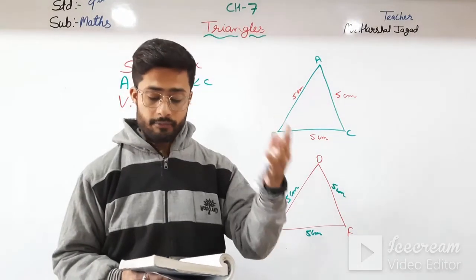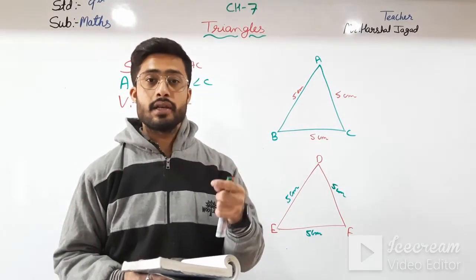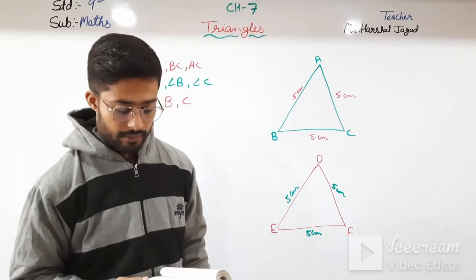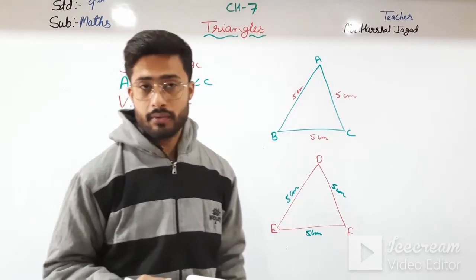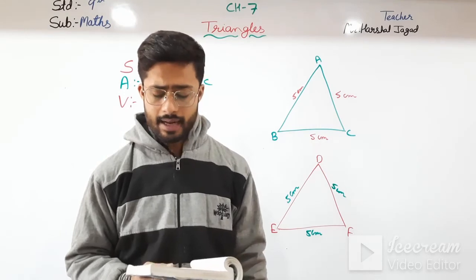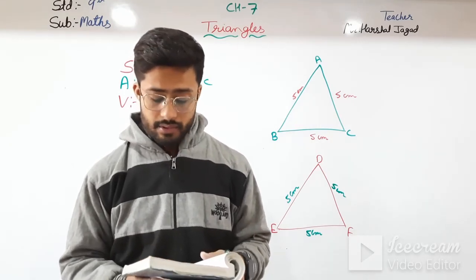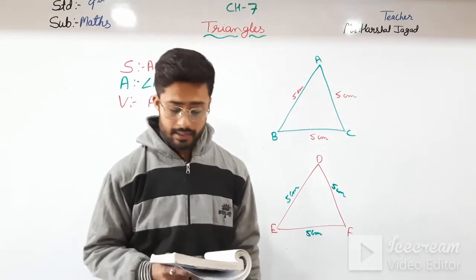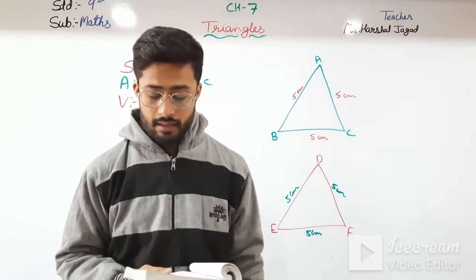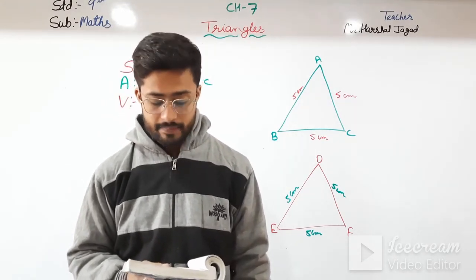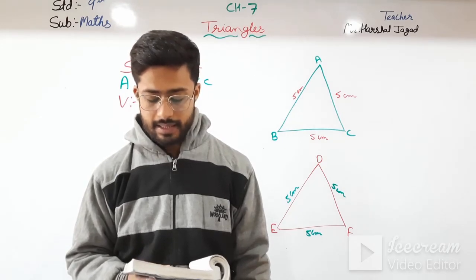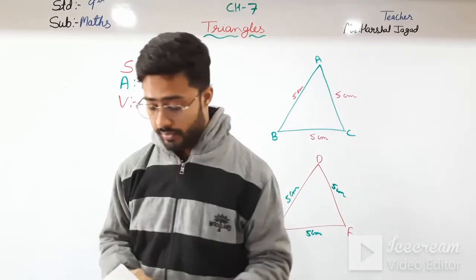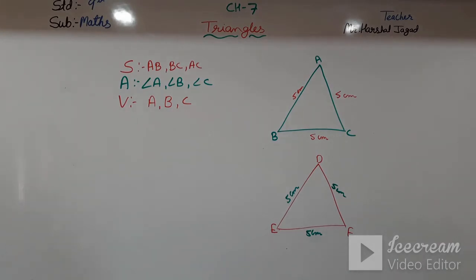If triangle PQR is congruent to triangle ABC, we write triangle PQR is congruent to triangle ABC. Notice that when triangle PQR is congruent to triangle ABC, the sides of triangle PQR fall on the corresponding equal sides of triangle ABC, and so is the case for the angles.